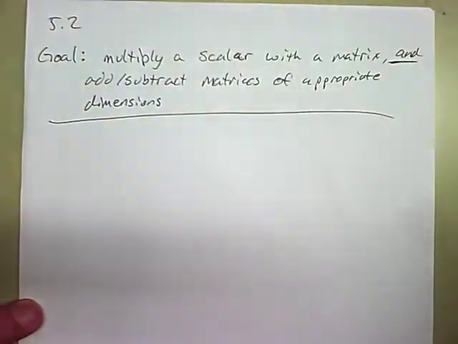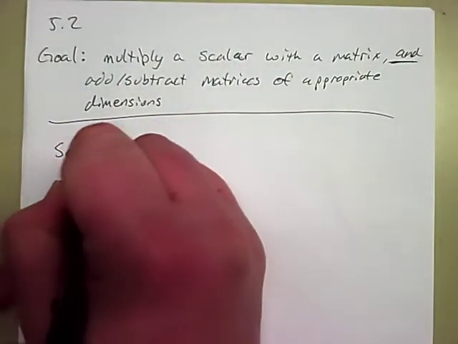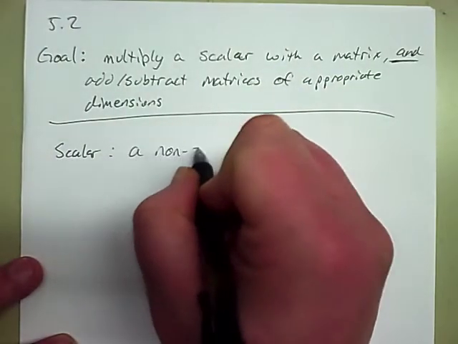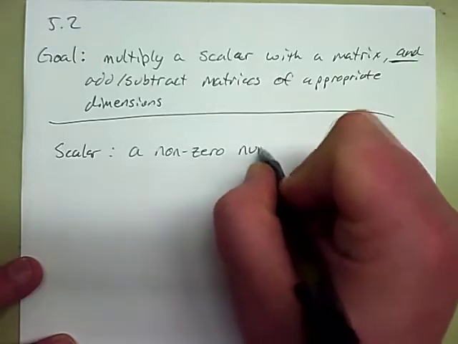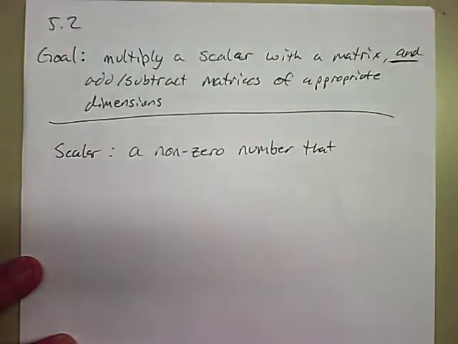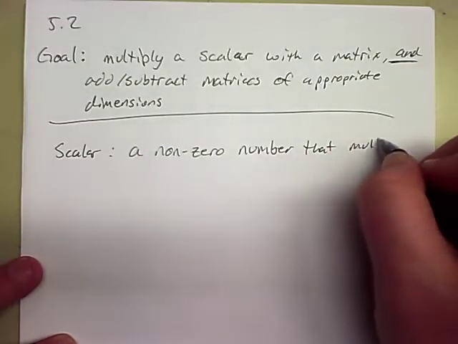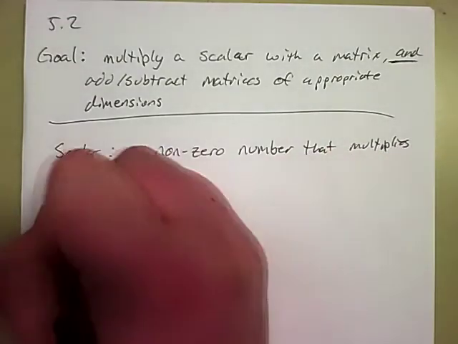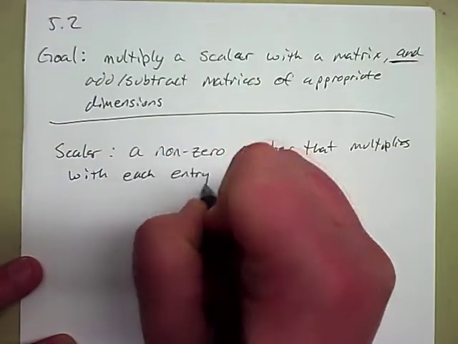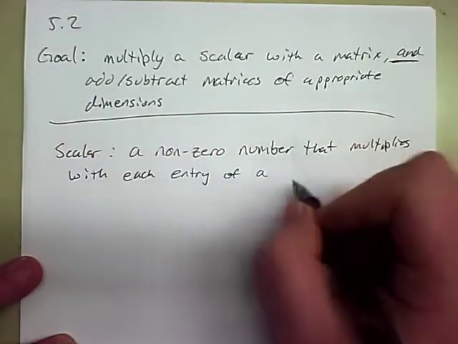What is a scalar? All right, so a scalar is a non-zero number that multiplies with each entry of a matrix.